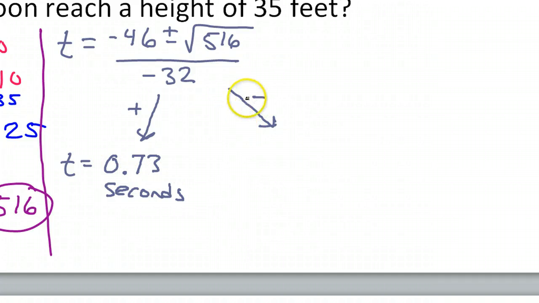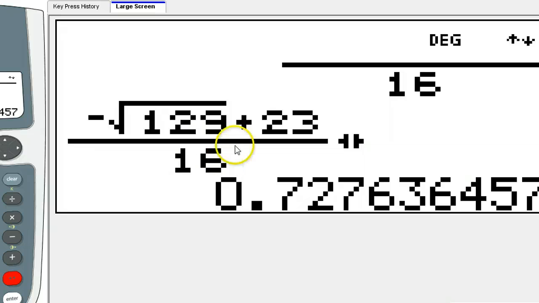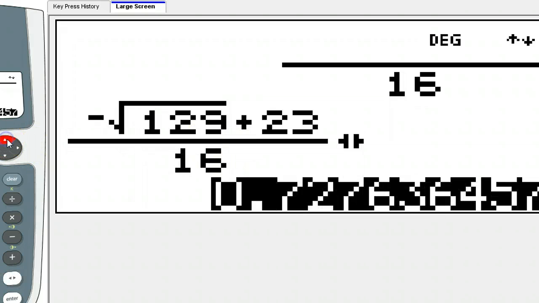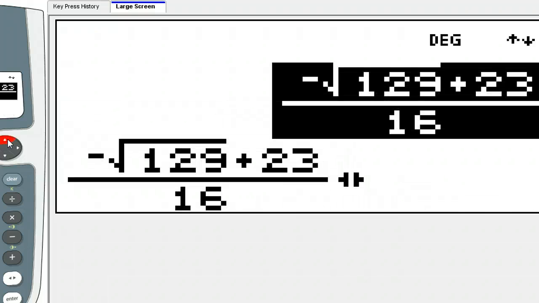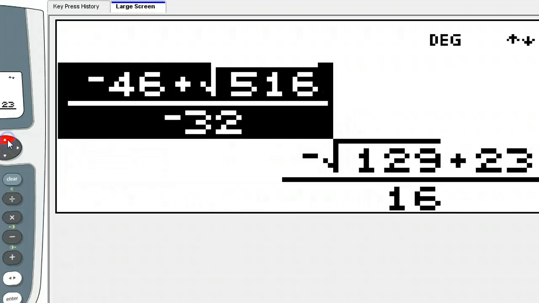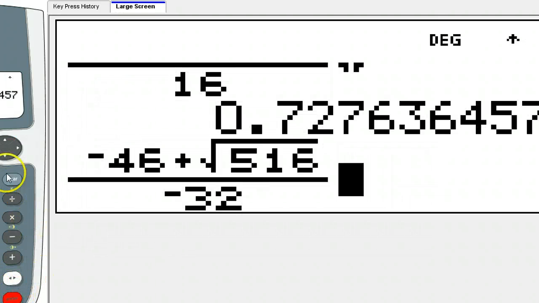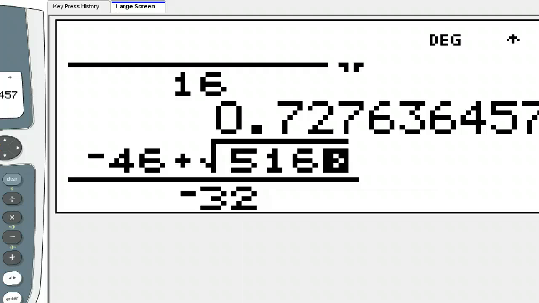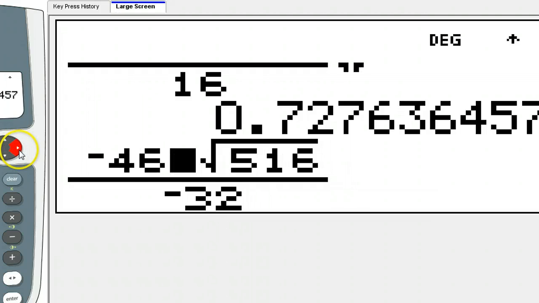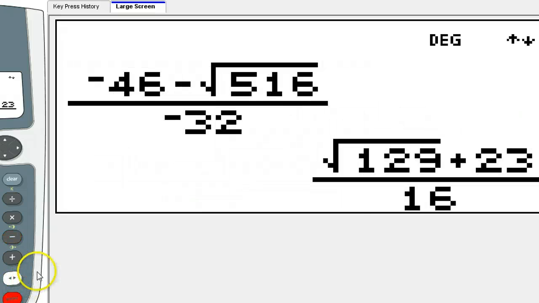Now let's type it in again. We did the plus, this time we're going to do the minus version. Again, what you can do is use your arrow key and go back to where you typed it in, and just hit enter. So we can just go back and change that plus to a minus, and that will save us from having to type it all over again. So I'm just changing that plus to a minus, and I'm hitting enter.